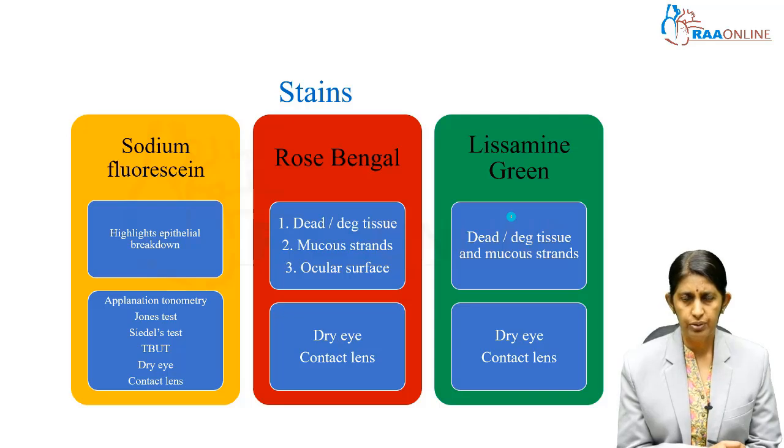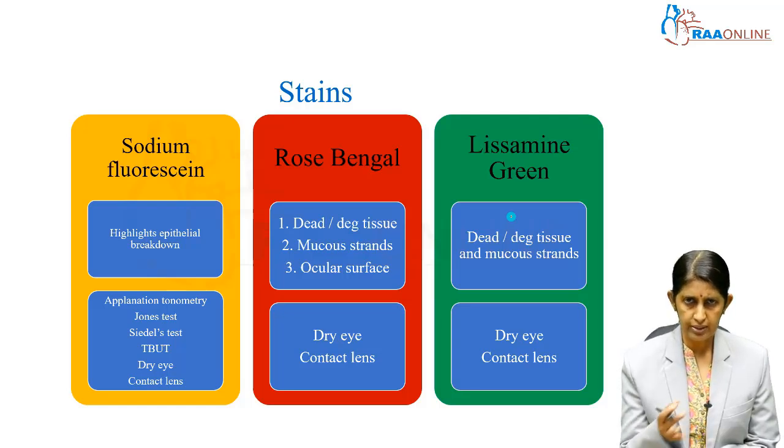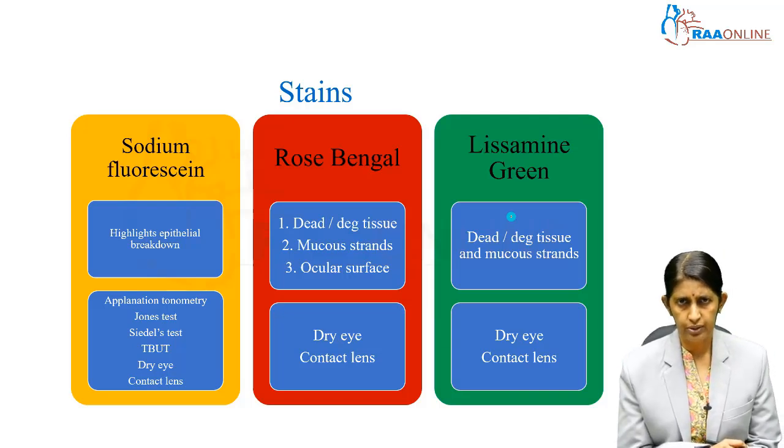And rose Bengal is used in patients when you want to identify dead or degenerative tissue, mucous strands, or when there is ocular surface disease such as what we're dealing with today, or in patients with dry eye or contact lens users. In all this, it is very useful.